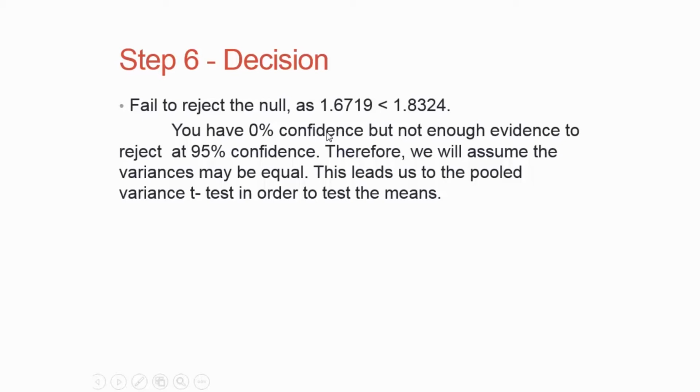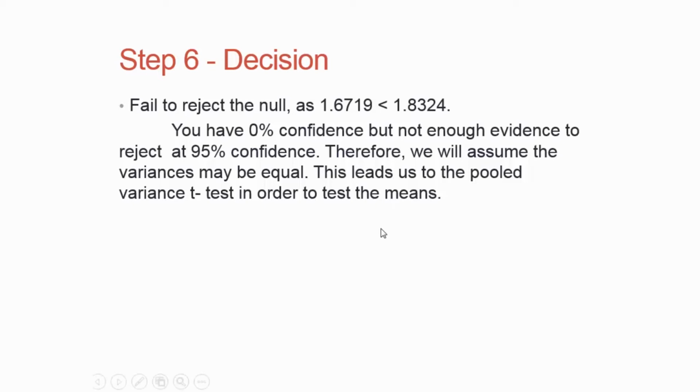There's not enough evidence to say with 95% confidence that we can reject the null. Therefore, we will assume the variances may be equal. This would lead us to use the pooled variance t-test if we were going to test the means. Again, if we rejected the null here, that would tell us to use the separate variance t-test. And all we do is specify a different test under PhStat or even under data analysis if we choose to use that.